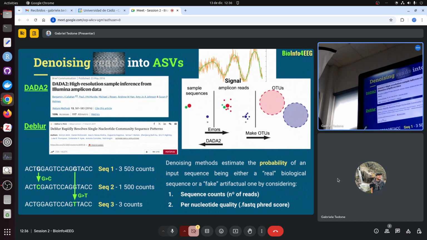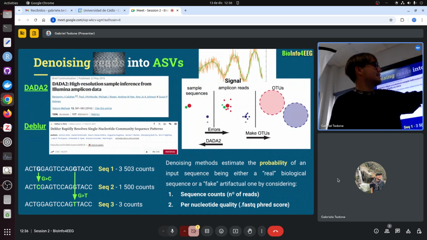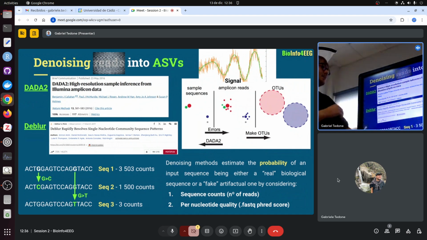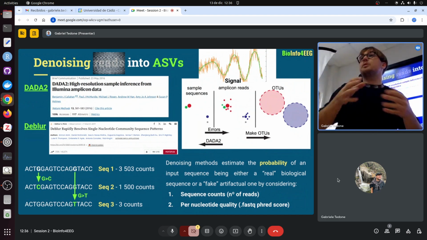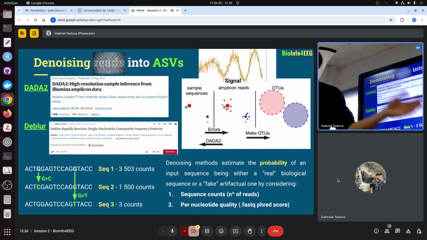However, because sequence 2 only differs in one base, so it's really close to sequence 1, but it's so abundant, it most probably is this green dot here, okay? And we consider it a real variant. This is because PCR errors during sequencing are random.